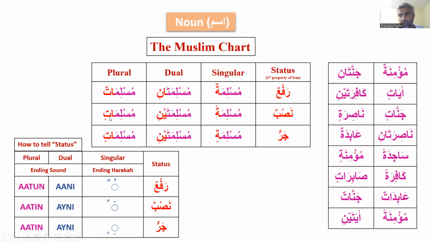It is like Muslimatin, nasab or jar. If it is plural, don't mix it up with Muslimatun. So we have to look at the ending sound. Okay. So nasab or jar. Yeah, very good.